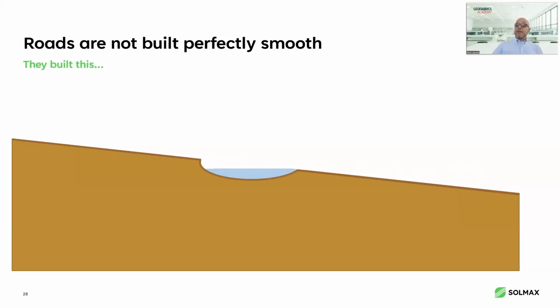What ends up happening is you end up with these uneven spots in the road where you can have a divot, you can have a little bit of a rut, and then the water wants to stay in there. And if the water stays there, as the traffic loads start to travel over top, it's going to make this area much softer, because the water is going to make this subgrade that much softer.